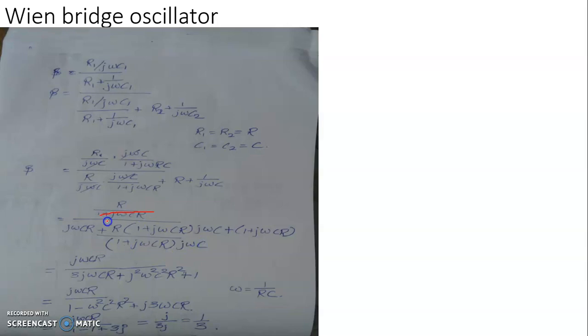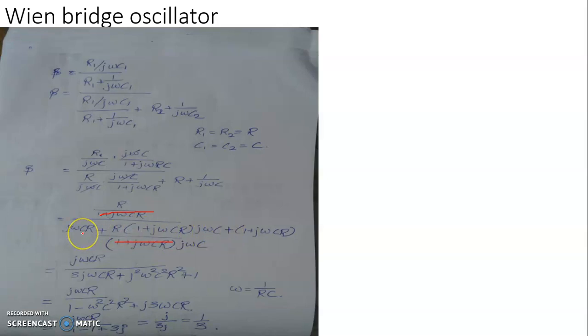Now 1 plus j omega CR here and this one here vanishes. j omega C comes to numerator to make it j omega CR divided by, you can open this bracket and club identical things. j omega CR is here, R into j omega C, that makes it j omega CR.